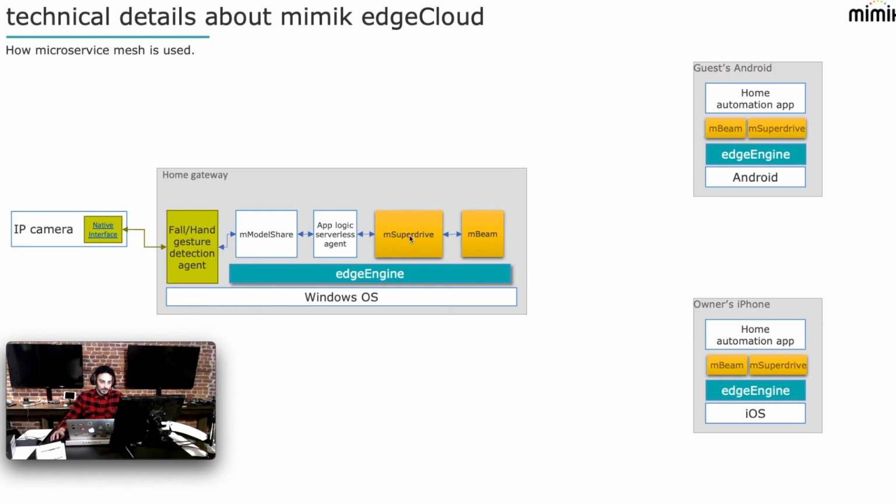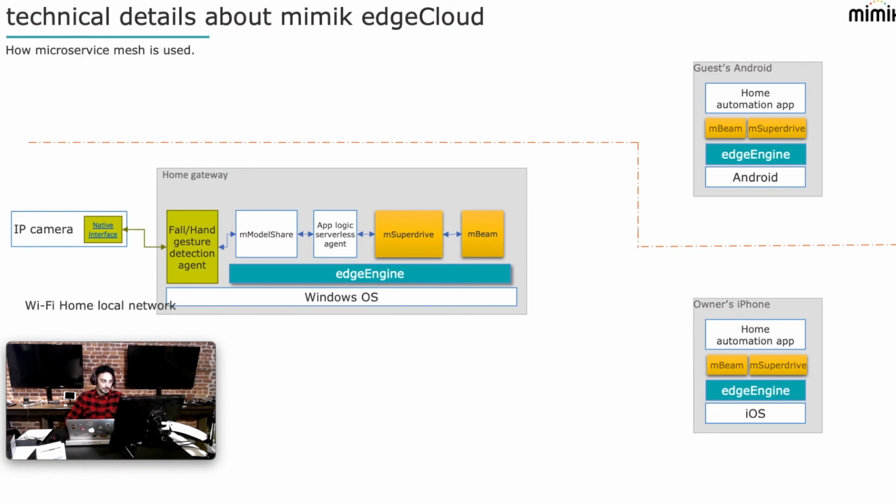Then we have another microservice called SuperDrive and another one called mbeam, and the same thing on the iOS and the Android. You saw it on the Android, but it would be the same on iOS as well. Again, we have external network, home network, and local network, and we have 3G, 4G, LTE, and 5G on the outside.